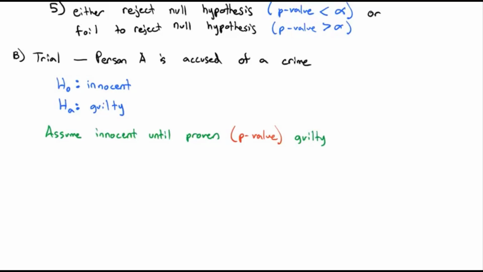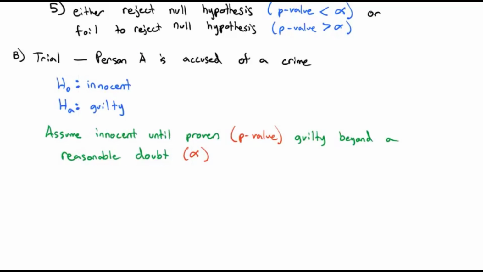And not just proof that they're guilty, because you never know for sure they're guilty. We just prove they're guilty beyond a reasonable doubt. And that reasonable doubt, that is the alpha. If the p-value gets smaller than alpha, the proof of innocence is so small, we can no longer assume they're innocent.